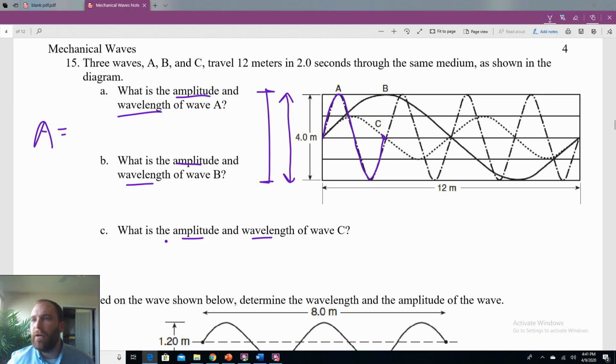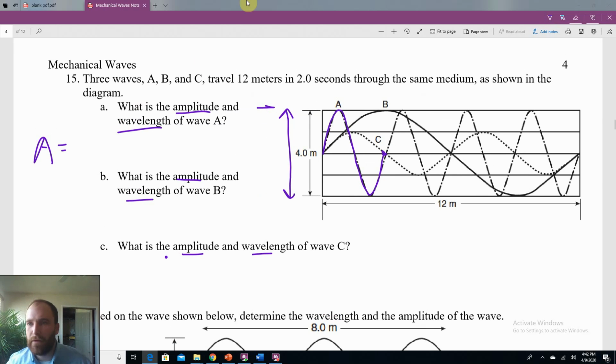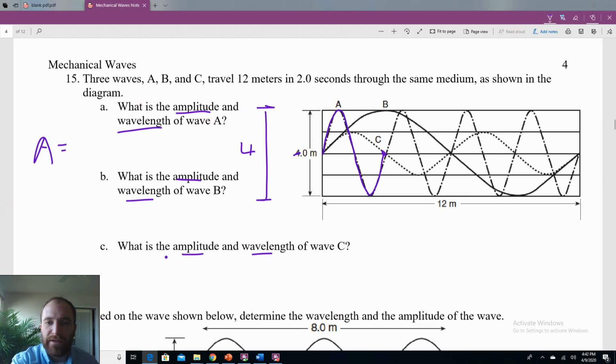We measure it from that equilibrium point, or that middle point. So if this whole thing is 4 meters, then what is this value? I think that it should be 2 meters, right? Again, if this whole thing is 4, that's not how we measure amplitude. We go from here to the top. So the amplitude is 2 meters.